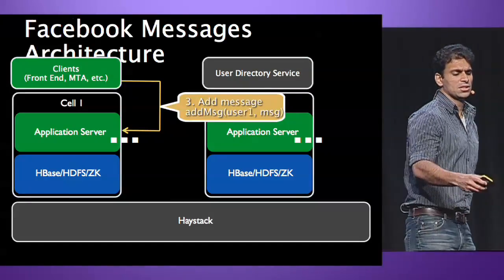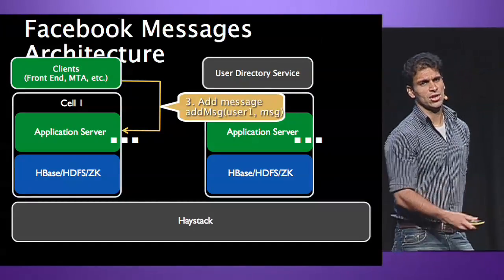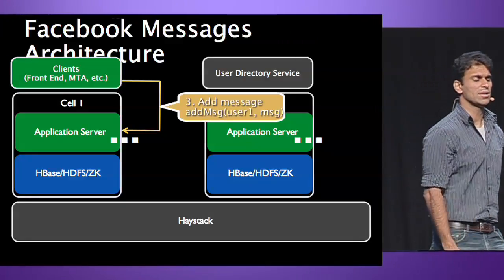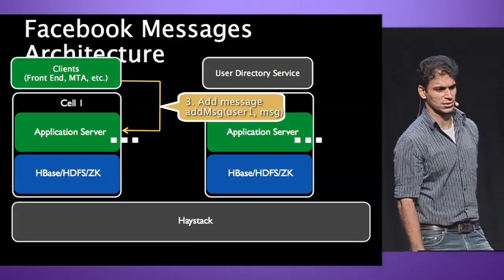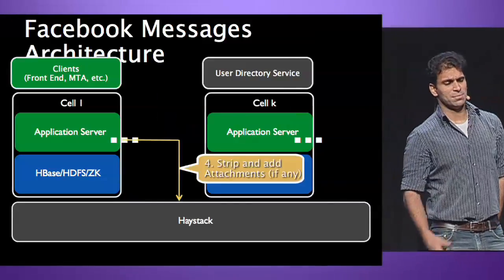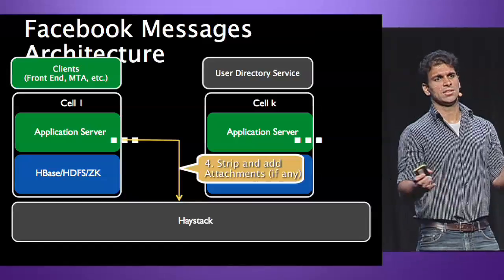Having gotten the cell, the client talks to the exact application server, if it can find it. Otherwise, it talks to any random application server, which forwards it to the correct application server in order to add the message. The application server deals with all the business logic.